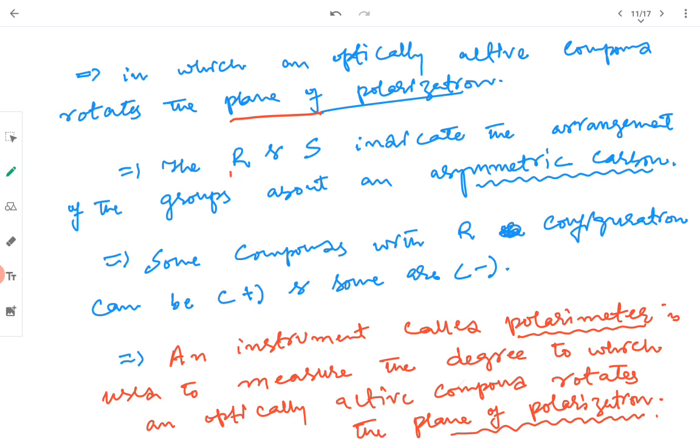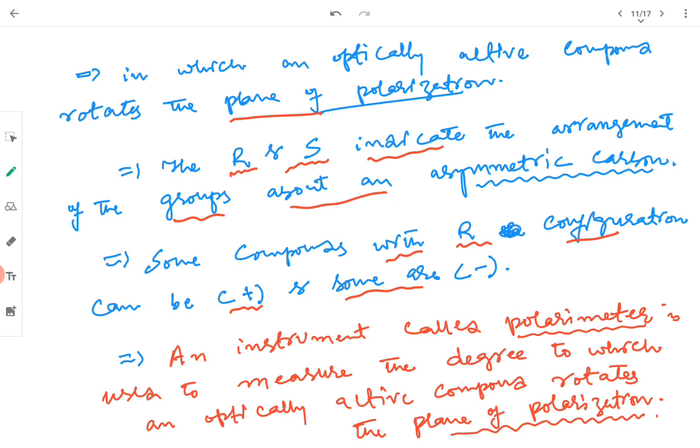On the other hand, these R and S notations indicate the arrangement of groups about an asymmetric carbon. They simply show the configuration, R and S. They have nothing to do with optical activity. Some compounds with R configuration can be positive and some can be negative. So there is no correlation.